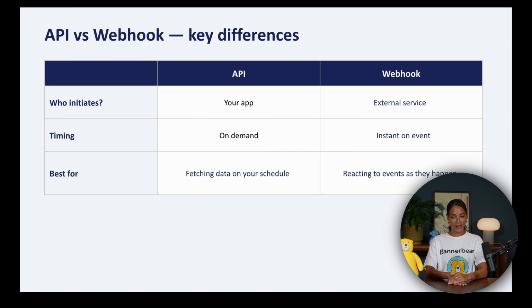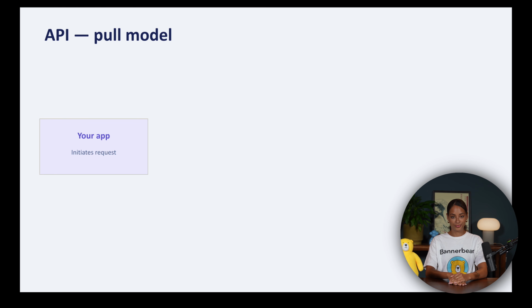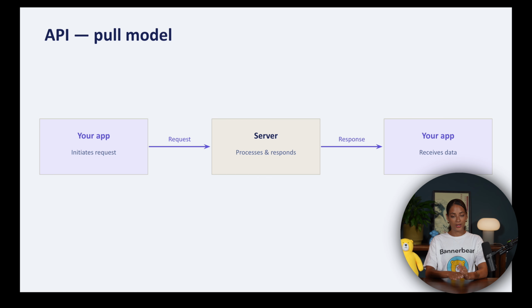Take a user profile page as an example. When a user opens your app, you call your back-end API to fetch their account details and render them on screen. The request happens because the user took an action and needs the data right now. A webhook wouldn't make sense here, there's no external event to listen for.